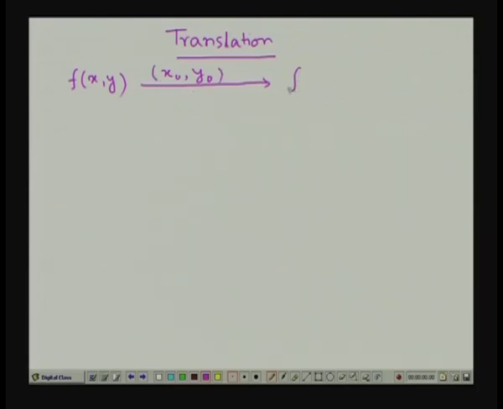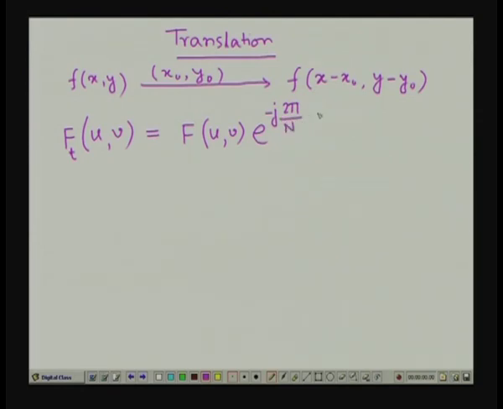So, what we get is a translated image f(x minus x naught, y minus y naught). If we take the Fourier transformation of this, we have found that the Fourier transformation of this translated image, which we had represented as F t(u,v), became equal to F(u,v) into e to the power minus j 2 pi by capital N (u x naught plus v y naught).